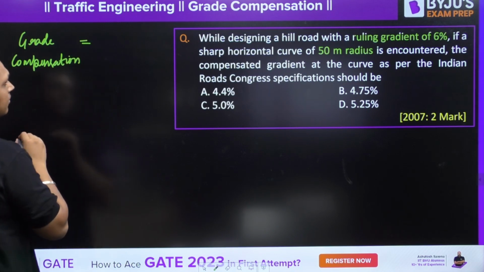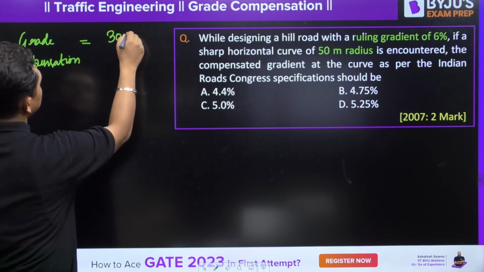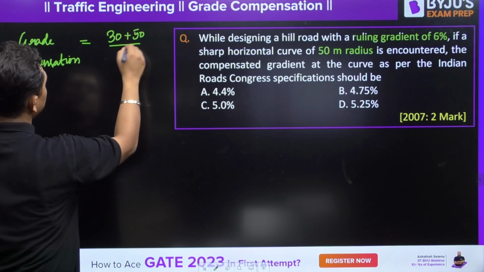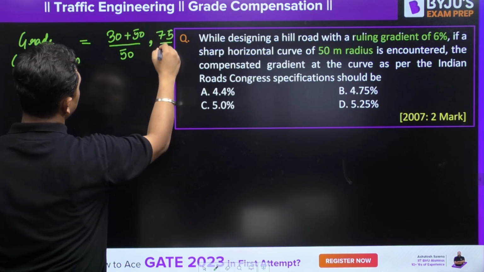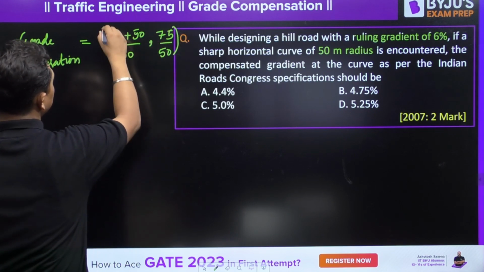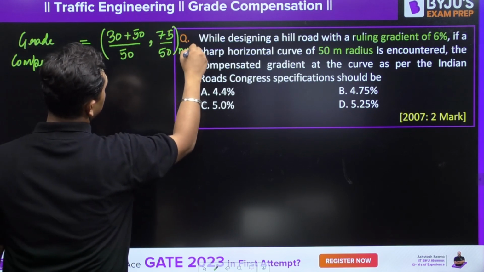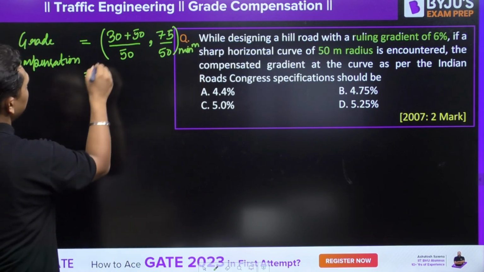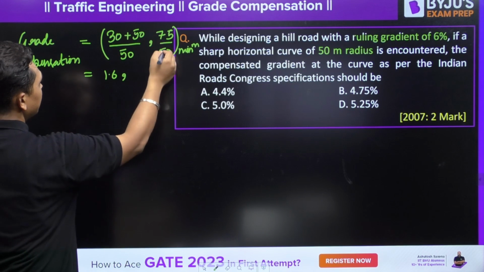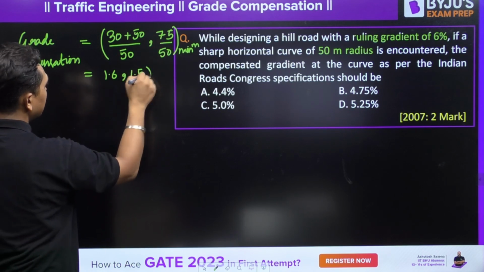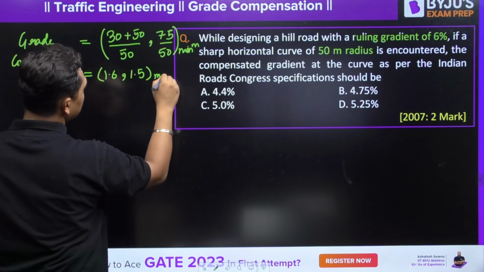It is equal to (30 plus R) by R or 75 by R, whichever is minimum. So 80 by 50 is 1.6 and 75 by 50 is 1.5, whichever is minimum.